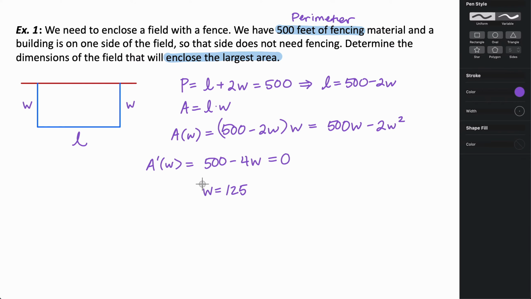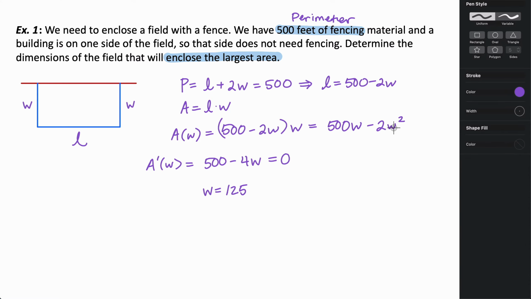All right. Now, we have to also consider what the possibilities are for the length and the width in this, right? Because really, since we have a limited amount of space, there's only a certain amount of length and width that we could use to enclose this field. So we need the area to be positive. So in order for the area to be positive, this has to be greater than 0.